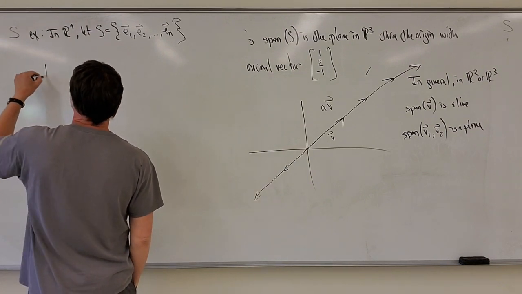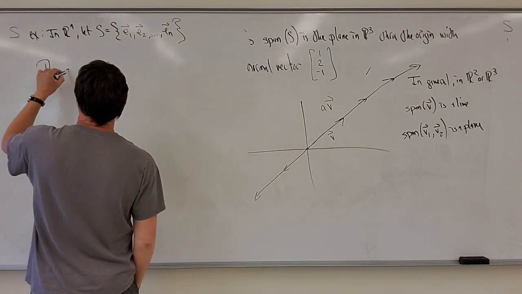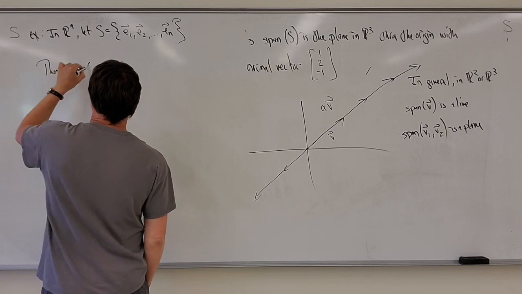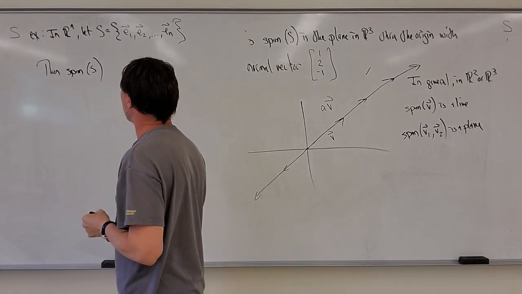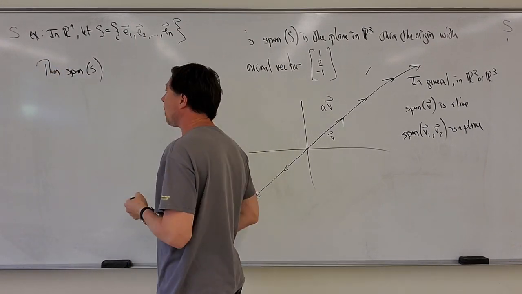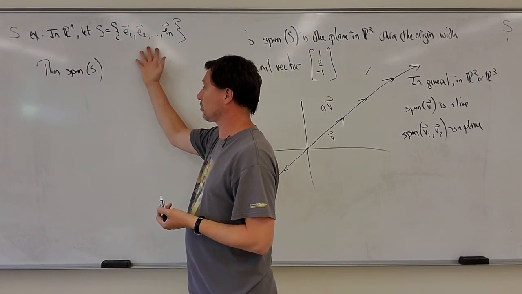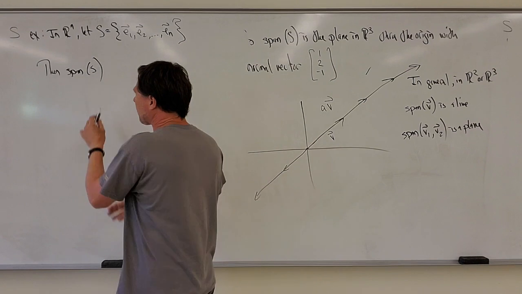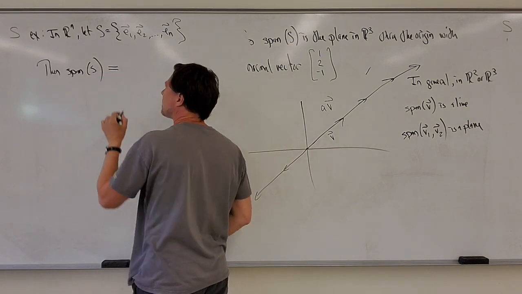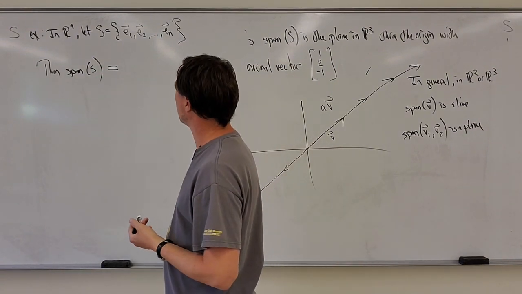So then, span of S, what's that going to look like? Well, it's all possible linear combinations involving these vectors right here. So right below, I'm going to write the answer here, and we're going to identify who the span is in a second. But let's just think about that.